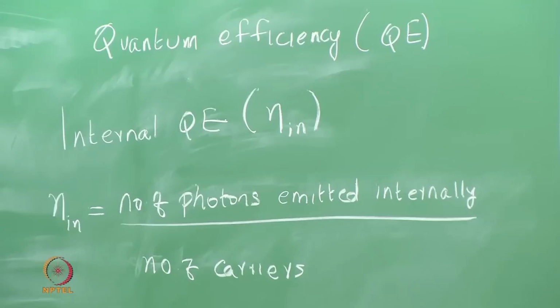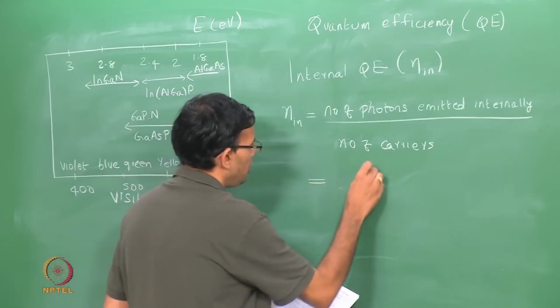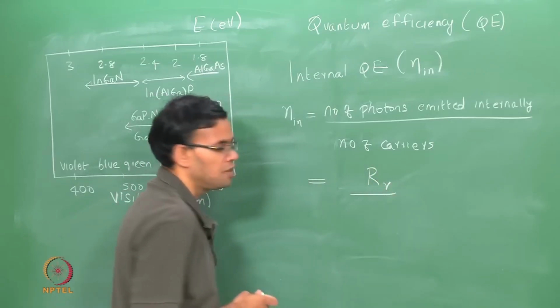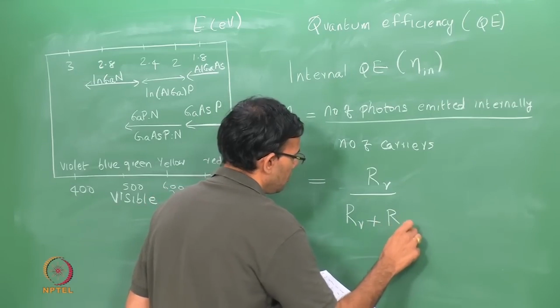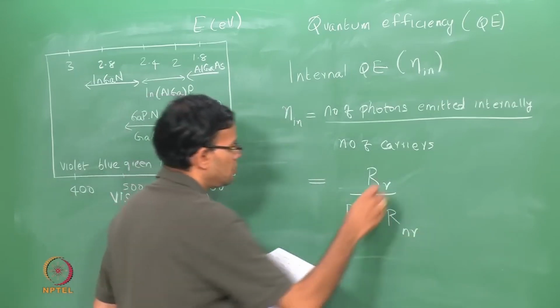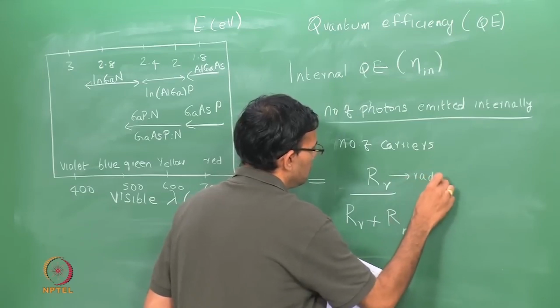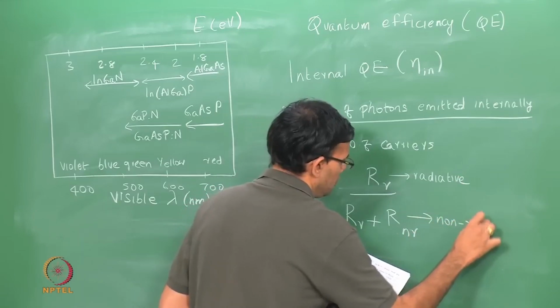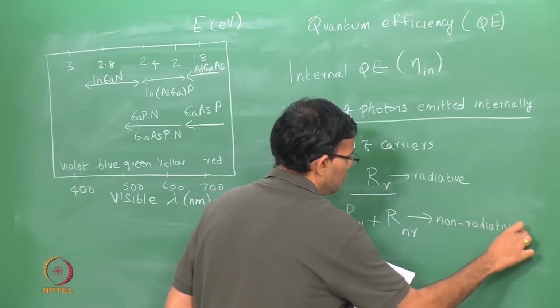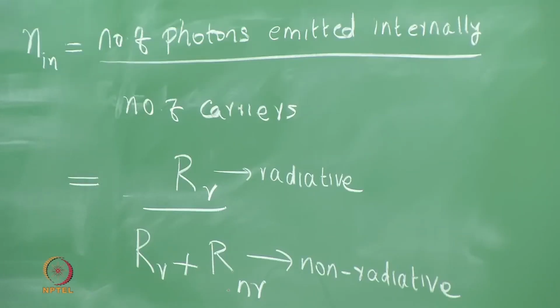This is nothing but the ratio of the radiative recombination rate, RR, to the total recombination, radiative plus non-radiative. For a highly efficient device, we want the internal quantum efficiency to be high, which means the radiative recombination rate must be much higher than the non-radiative part.